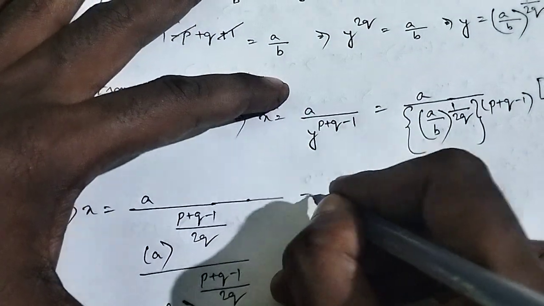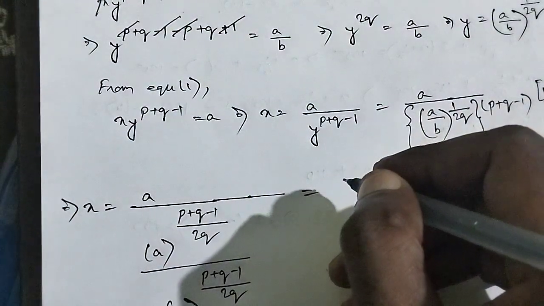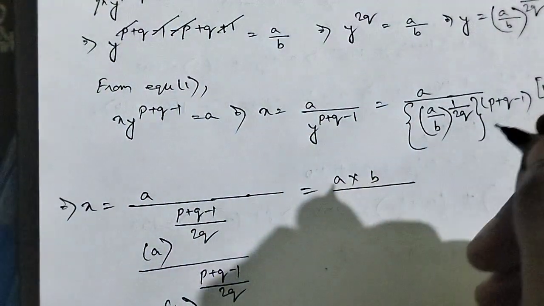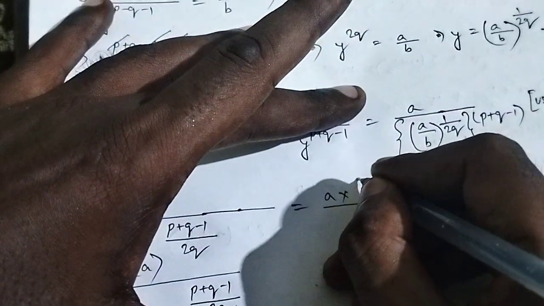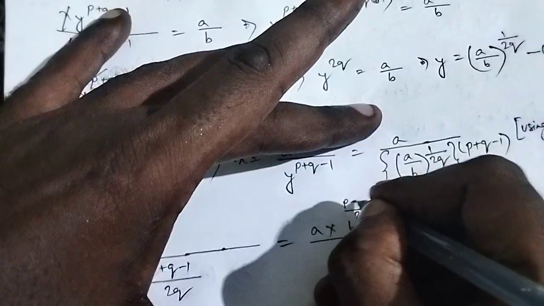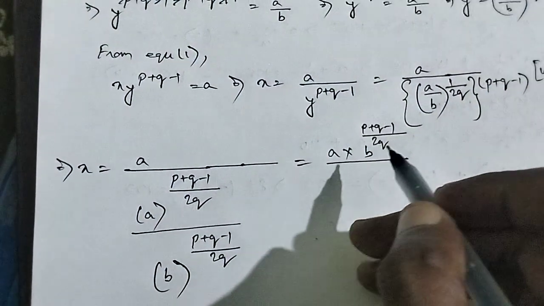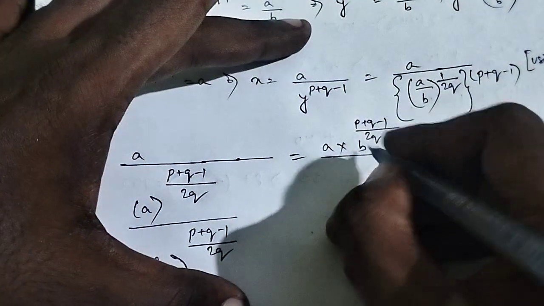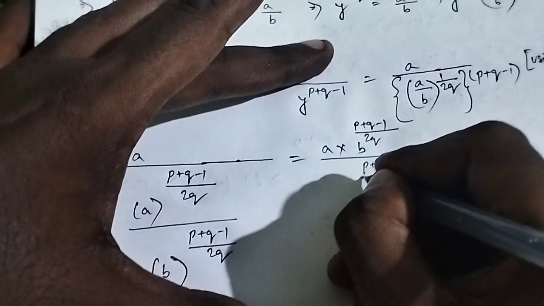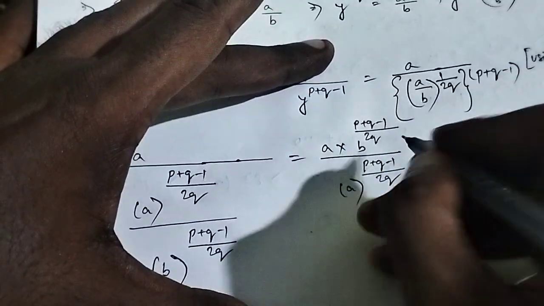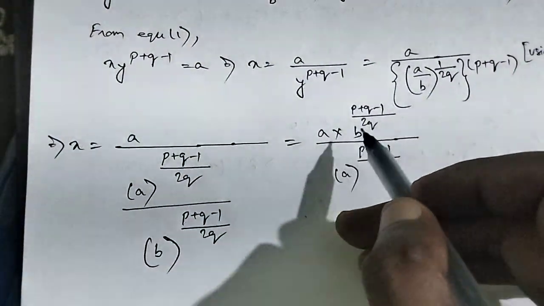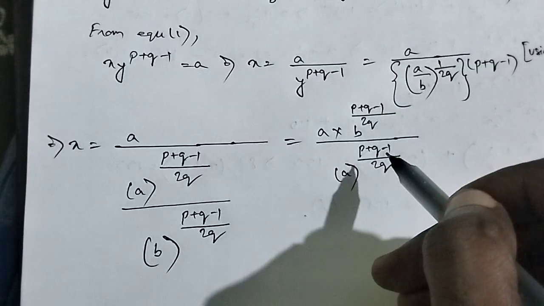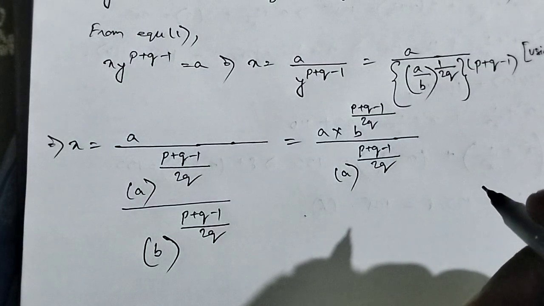Acha, this can be written as a into b to the power p plus q minus 1 by 2q, divided by a into b to the power p plus q minus 1 by 2q whole divided by a to the power p plus q minus 1 by 2q. Okay.